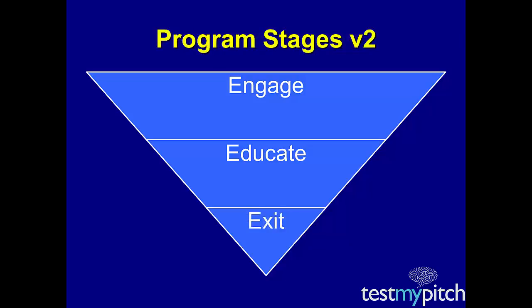There's another way to look at this, and the first two stages stay the same, but the third stage is maybe less focused on funding than it is on appropriate preparation for exit. Whether you're graduating from a university or exiting out of an accelerator or incubator, there are other resources in the greater ecosystem that could be advantageous.